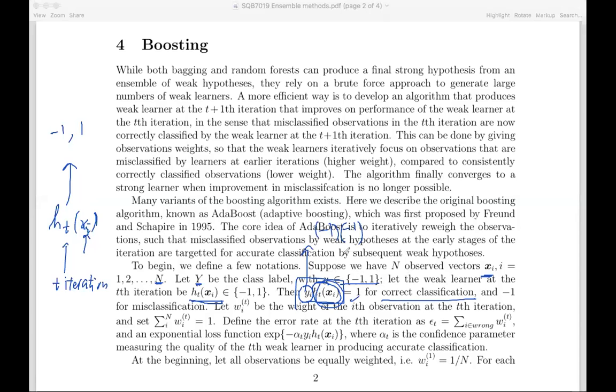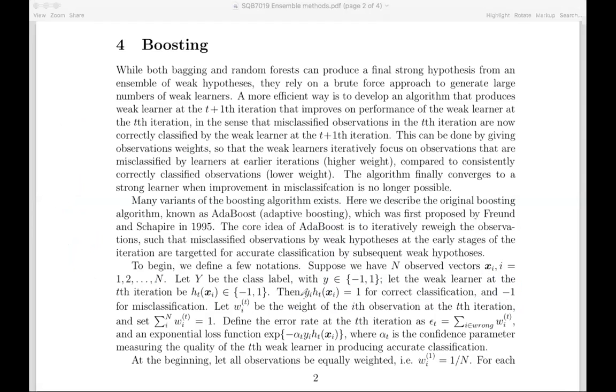If both are 1, it's also 1. If your prediction and your class label are different, it will be -1 because the labels have different signs. So the product is 1 for correct classification and -1 for misclassification.